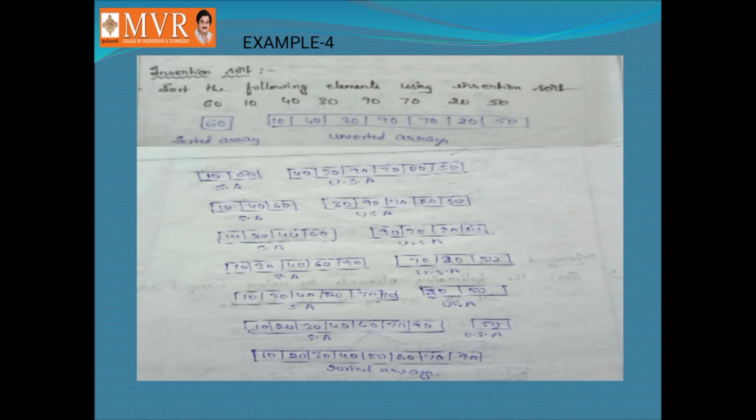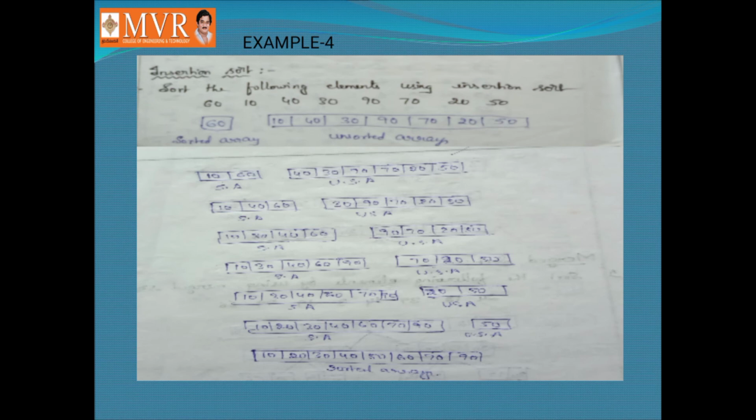Then I take the second element, that is 10, and compare it with the element in the sorted array, which is 60. So 10 should be before 60. So place it there.